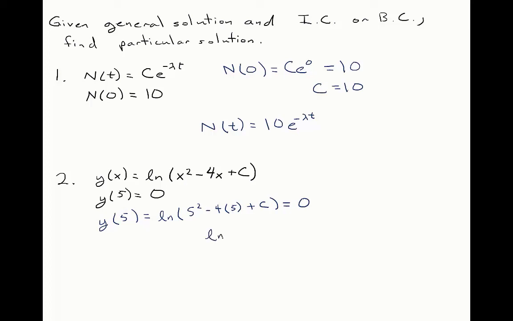So we have the log of 5 plus c equals 0. That means that 5 plus c equals e to the 0. And this is where you have to know how to work your logarithms, because I am not going to go over that. There's too much else we need to cover. So 5 plus c equals 1, so c equals minus 4.